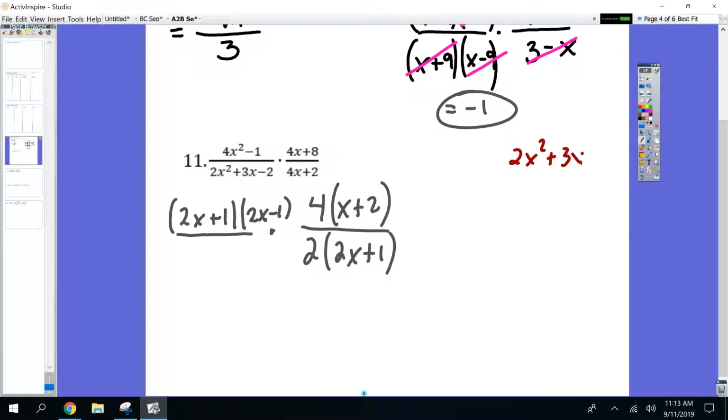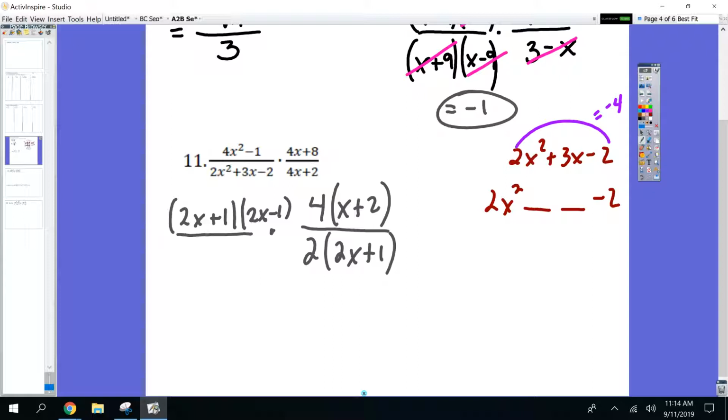Here we go. What's your first step to group? Multiply A and C. Ready? 2 times -2 is -4. Now I'm going to rewrite this as 2 terms. 2x squared something something minus 2.